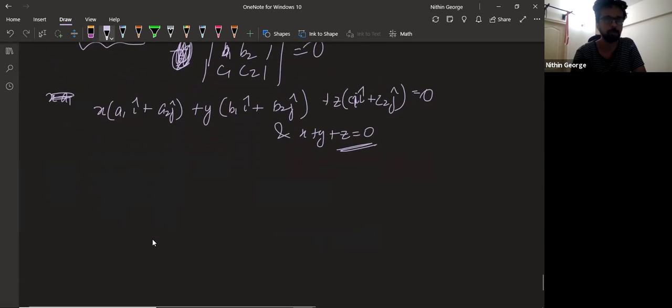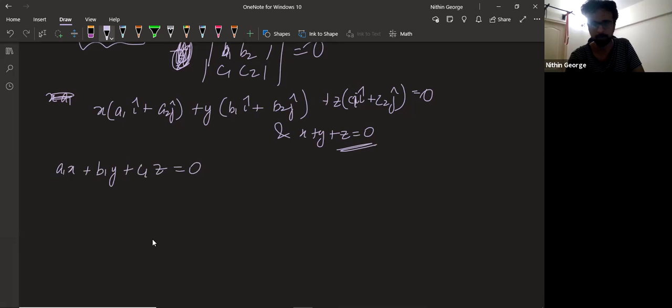What are we talking about here? There are basically 3 equations. Compare the i cap terms: a1x plus b1y plus c1z equal to 0. Next, compare the j cap terms: a2x plus b2y plus c2z equal to 0. And then this equation is there.